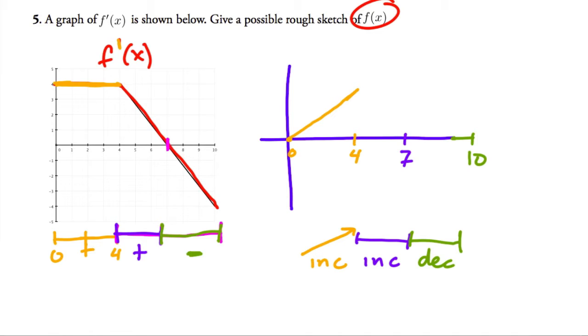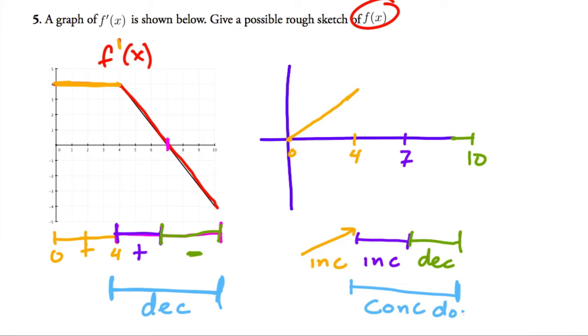Okay, but then there's another aspect of this, and that is that throughout this whole time, the derivative is decreasing. Right? And what does that tell you? This is going to take you a step back a little bit, but that means that throughout this whole period right here, your original function, or your antiderivative, is going to have to be concave down.